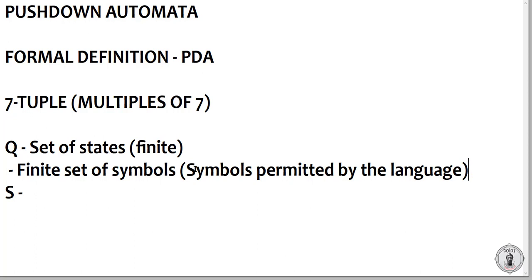A, B, C are permitted symbols, so if you are given an English word, I can't spell a car as C1R, because 1 doesn't fit into the set of symbols permitted in English. It means that it doesn't fit into that category.